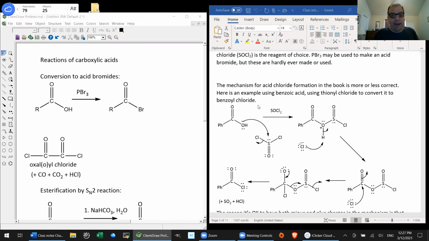And I'm pretty sure I have done this type of reaction. I thought that you had an amine base along for the ride. Be that as it may, the mechanism I think is otherwise not that mysterious. This first step of the carboxylic acid adding to thionyl chloride, I think it's okay to think of as kind of like an SN2 reaction.